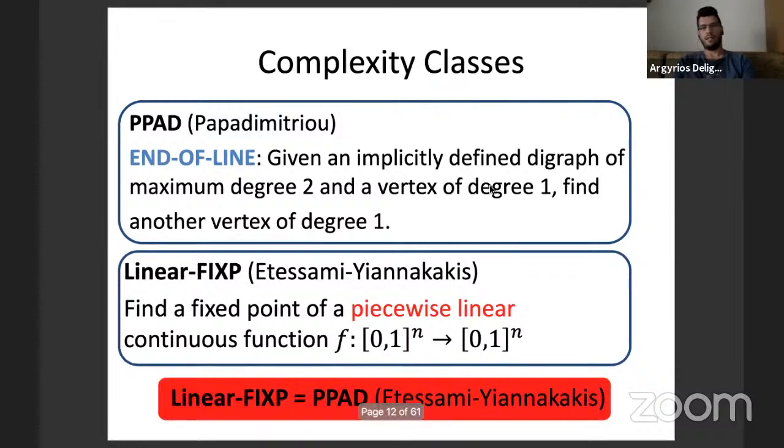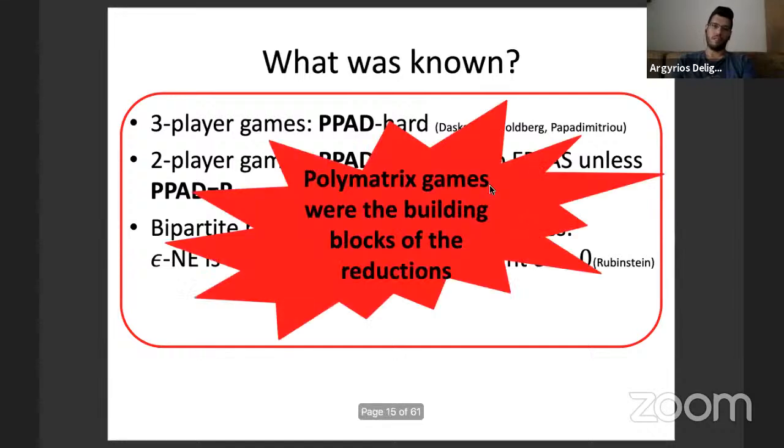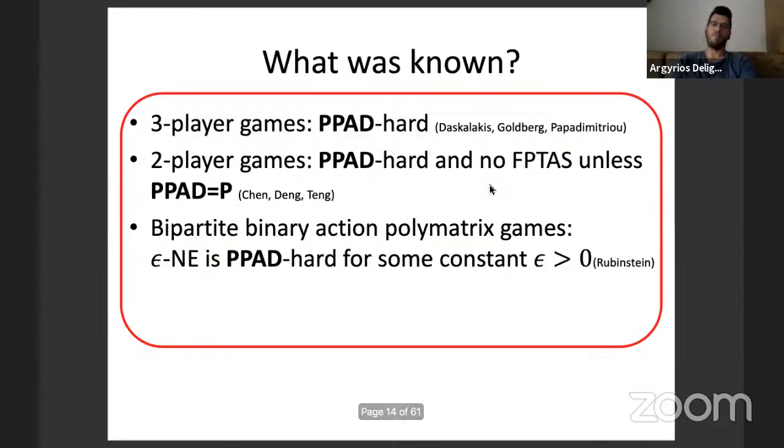It has been shown that linear fixed point equals PPAD, and there is a line of work on these topics. The majority of PPAD-hardness results used polymatrix games as their gadgets.